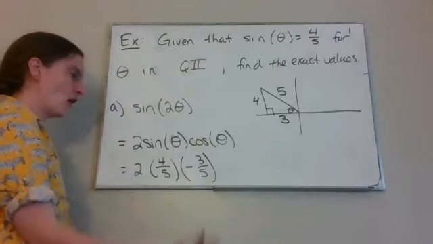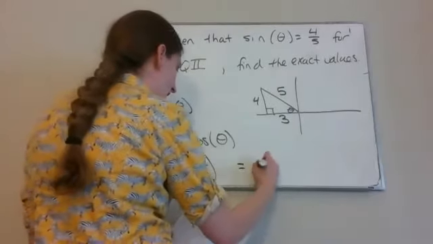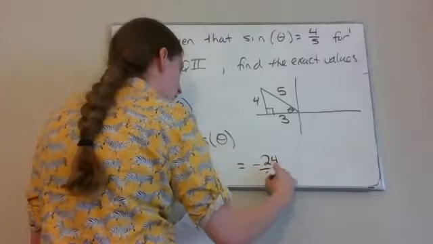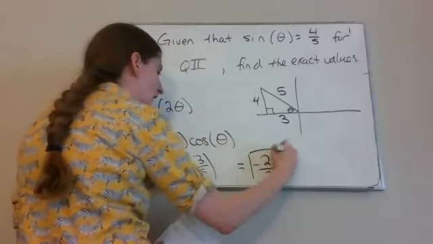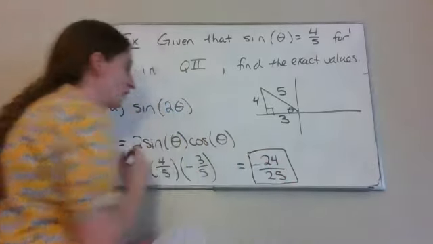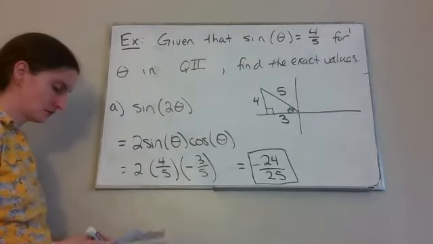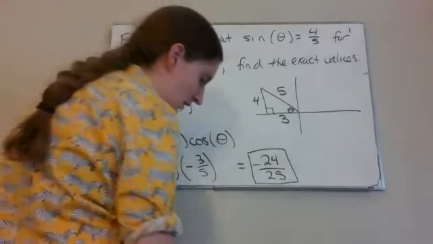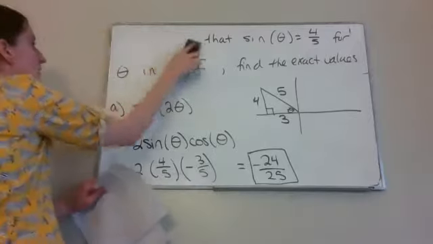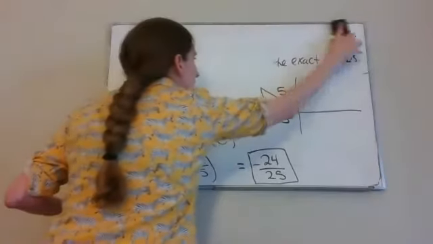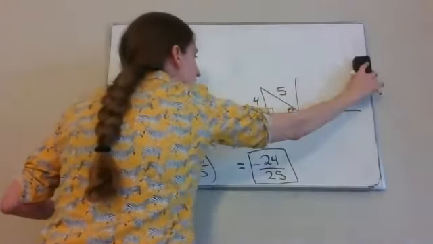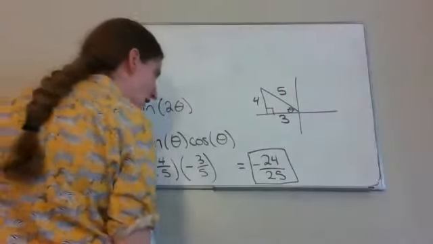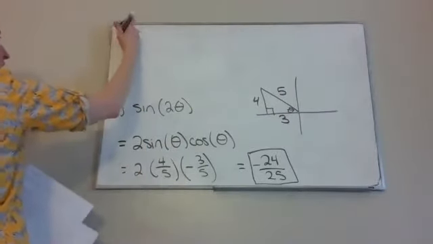When I multiply all of this together, I get negative 24 over 25 as the exact value of sine of 2 theta. I'm going to leave that triangle there because we might need it for the others.